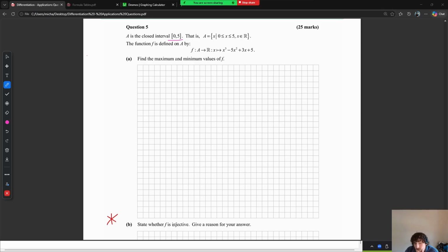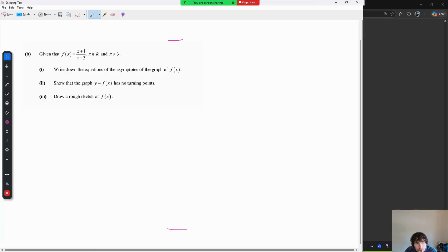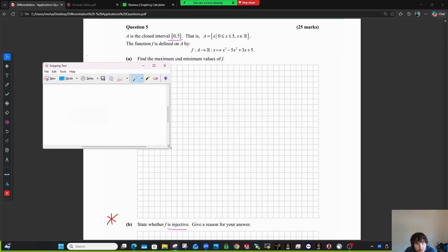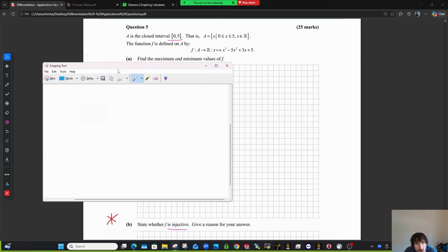So for something to be injective, we need to just revise what injective and surjective are, okay? So let me get a bit of blank paper here I can do a little sketch on. Okay, so we should know about the horizontal line tests, right? So we'll take a linear line.